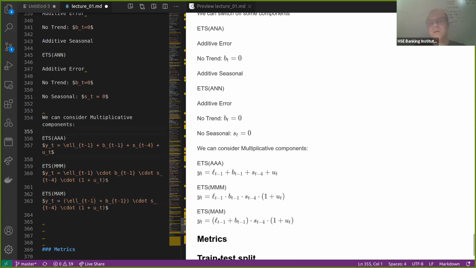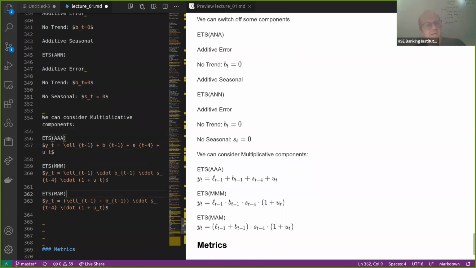So basically ETS NNN is not used. We always have error. We do not use such a model because without error, it's something predictable. We do not believe that.